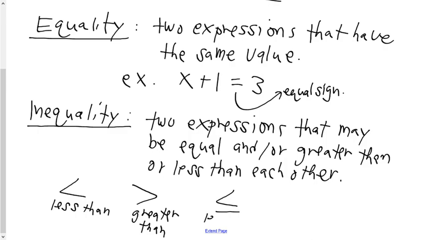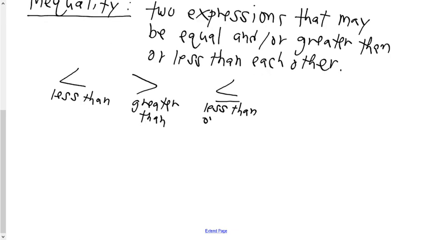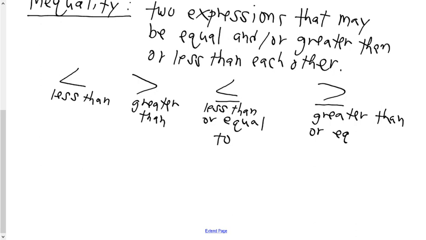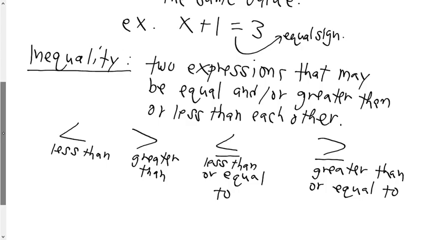Less than or equal to. And the other one would be greater than or equal to. We have had experience with these before because we've used these in years past, but we've never used the other two symbols, which are greater than, less than.